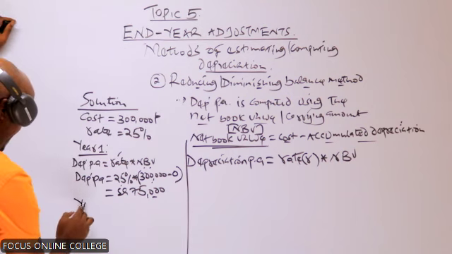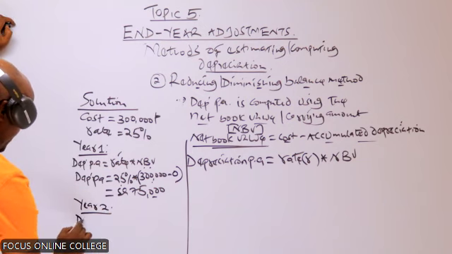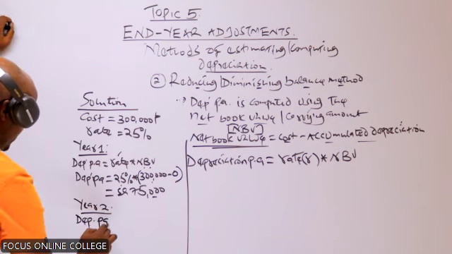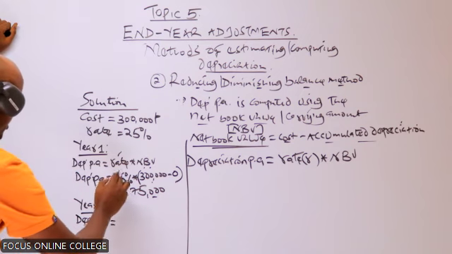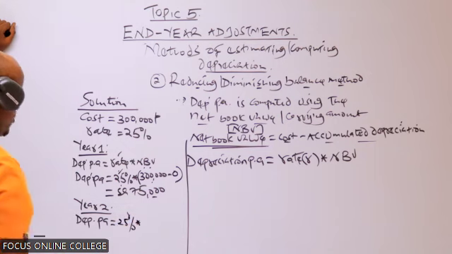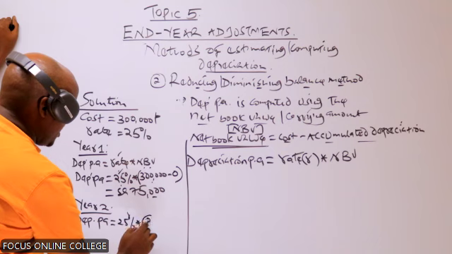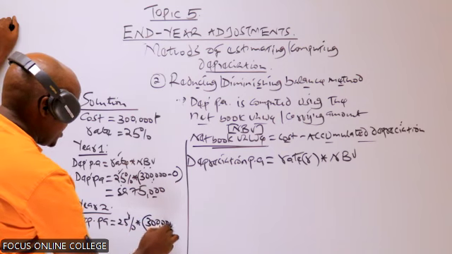In year 2, for the depreciation per annum, we don't need to repeat the formula. We will take the rate, 25%, times the net book value. The net book value will be equal to the cost, 300,000, minus the accumulated depreciation.